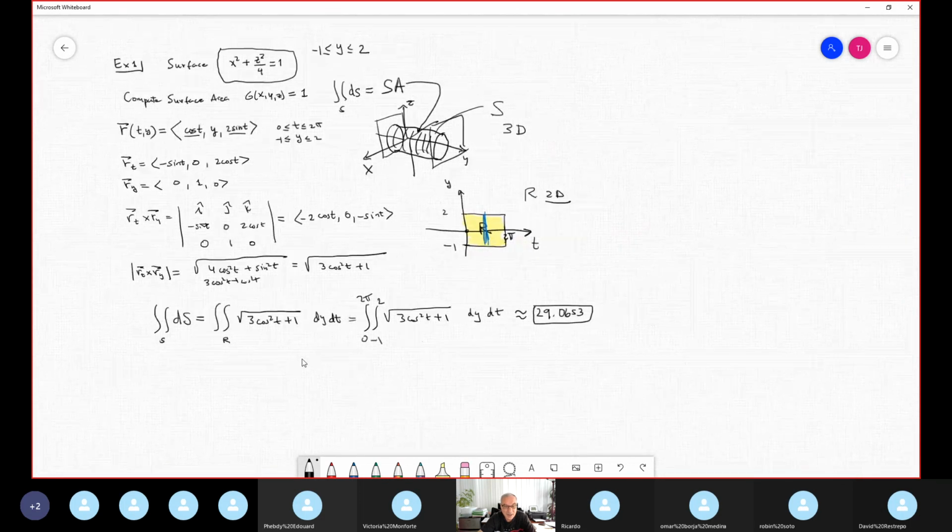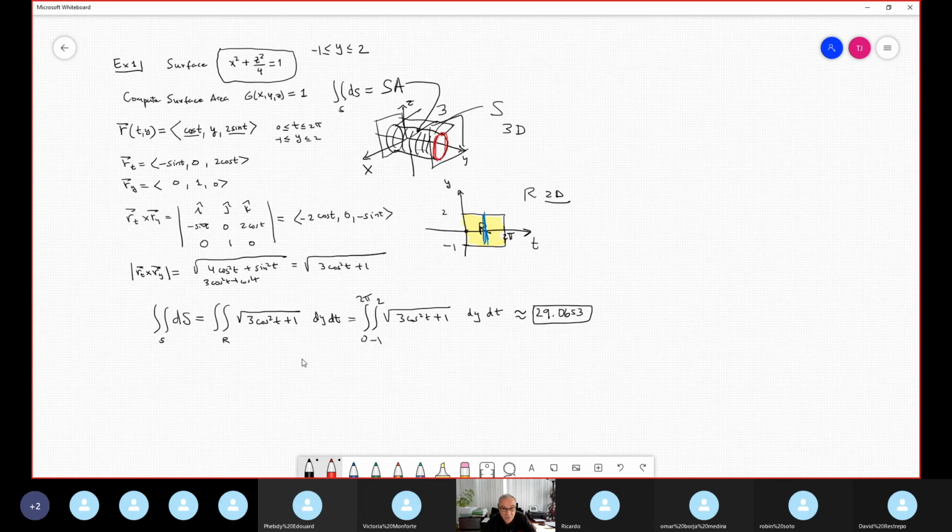Too complicated. Maybe I can do it using geometry. In geometry, I know that the surface area of the cylinder is like a multiplication: this distance, by the way, is 3, multiplied by the arc length. In this case, it's not circular, it's elliptical.